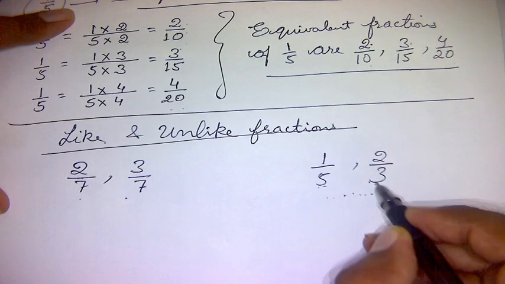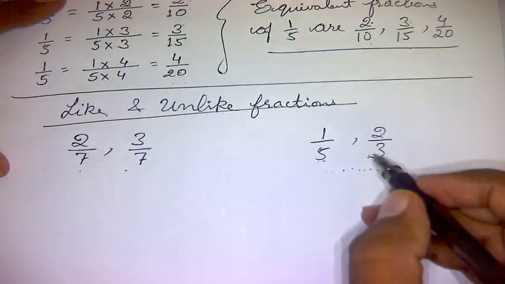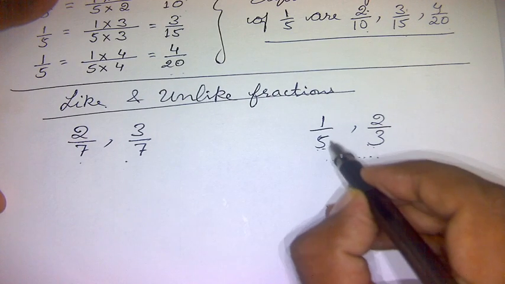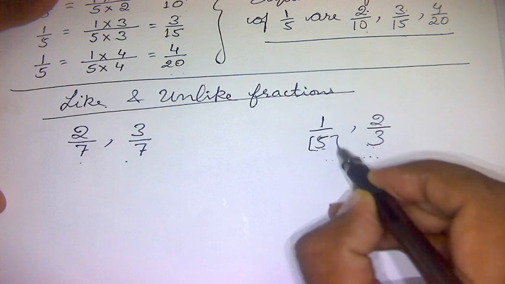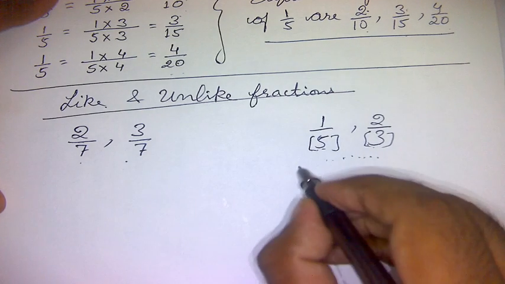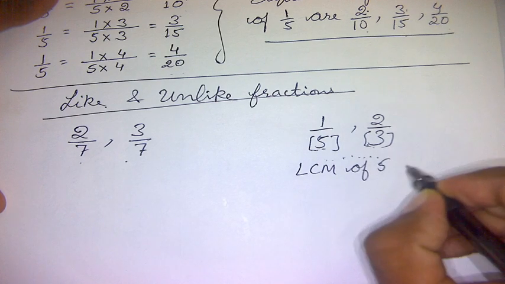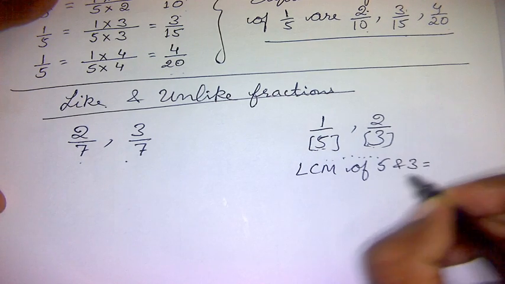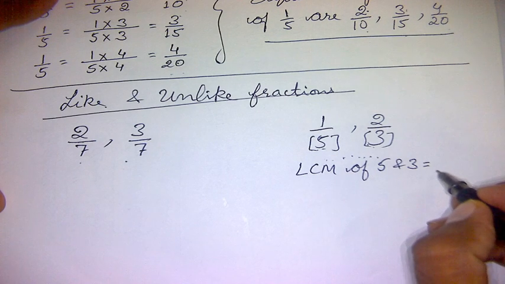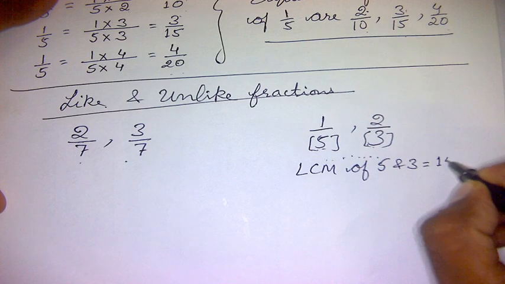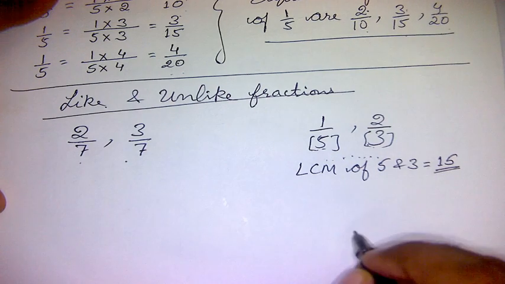If not, we can convert them into like fractions. So how will we convert unlike fractions into like fractions? Let me explain. You will first take the LCM of the denominators. The denominators here are 5 and 3. If you take the LCM of 5 and 3, it is 15.